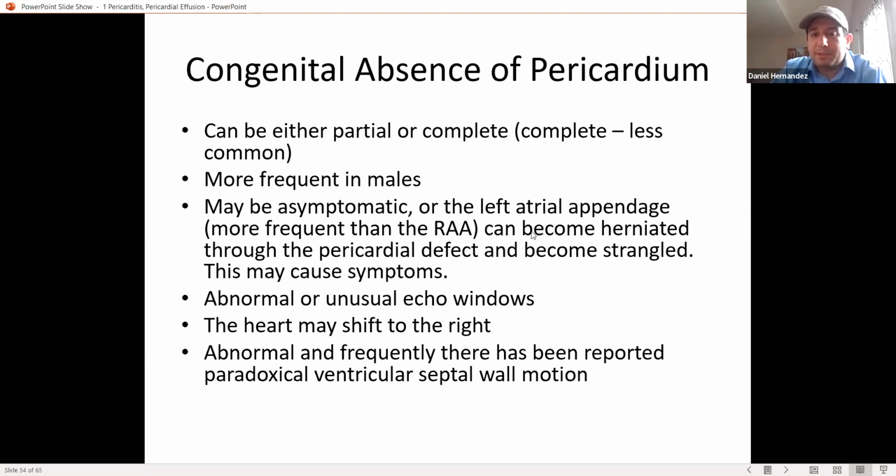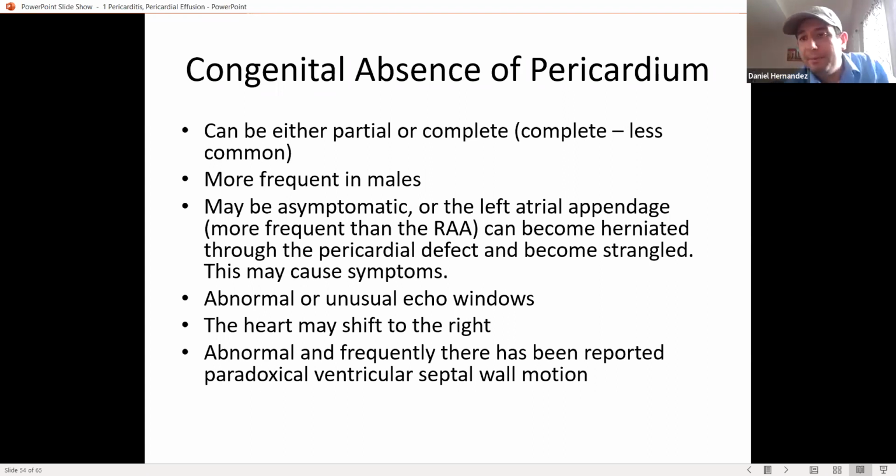One way to diagnose that a patient may have an absent pericardium is they have abnormal or unusual echo windows. So think about it, they don't have that sac that the heart is now sitting in. The heart has the ability now to shift around and move within the mediastinum, and potentially be sitting in an off position from what we would typically be imaging.